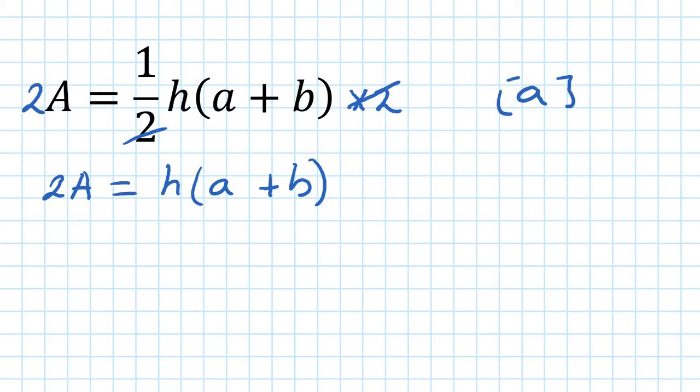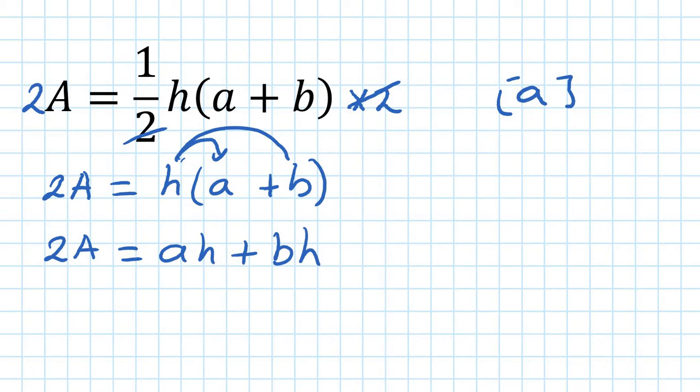The way I go about this is I expand first. Otherwise you can divide by h, but I like to multiply by a first. Expand, remove the bracket first. So now 2a is equal to ah plus bh.